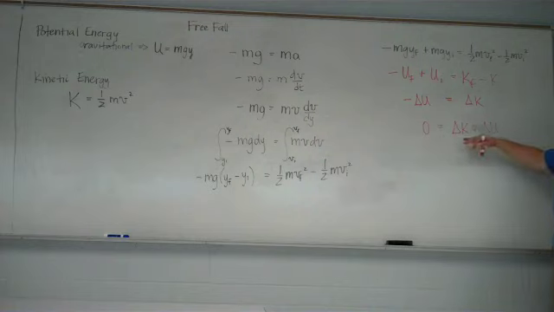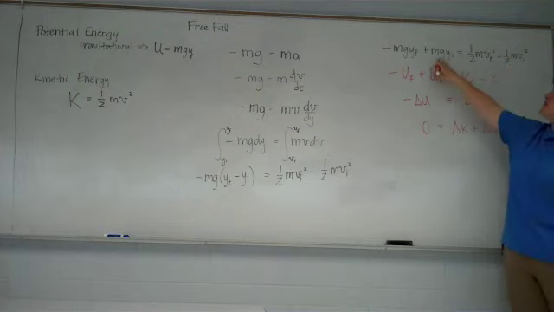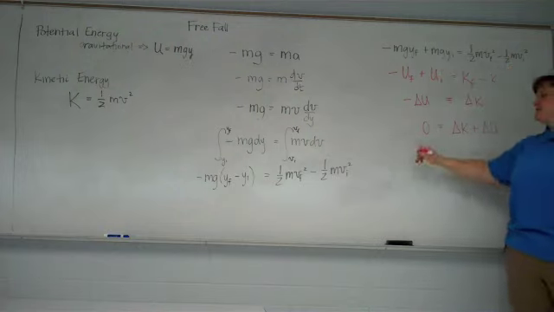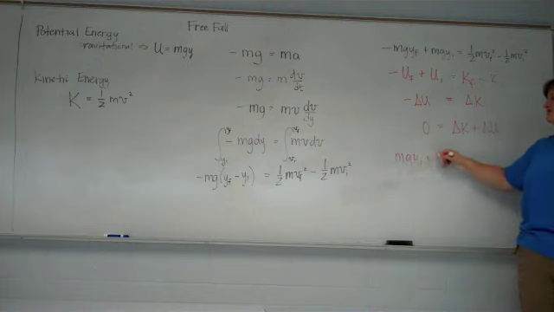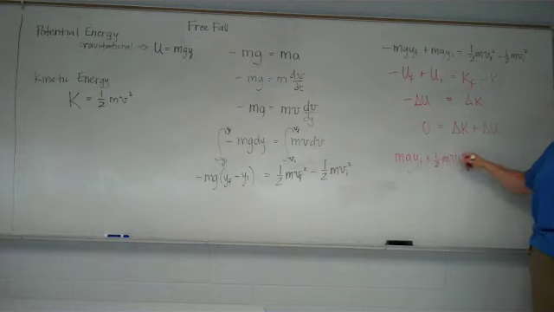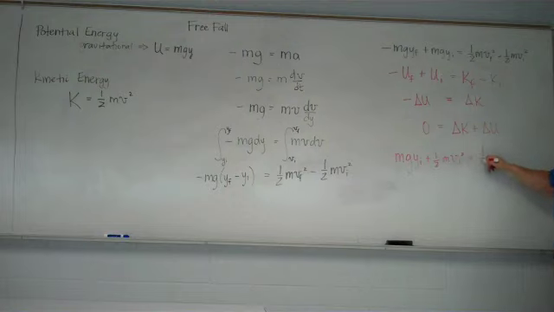So this is our conservation of energy equation. Similar to what we did with momentum, we can put all the initial stuff on one side and all the final stuff on the other, and say mgy initial plus 1/2 mv initial squared is equal to 1/2 mv final squared plus mgy final.